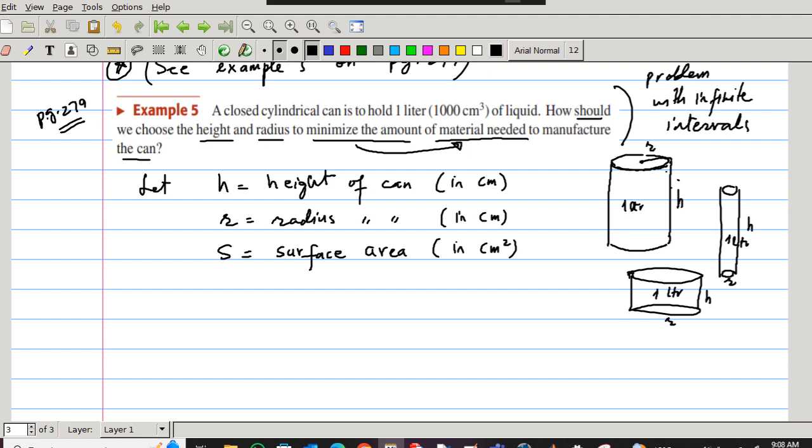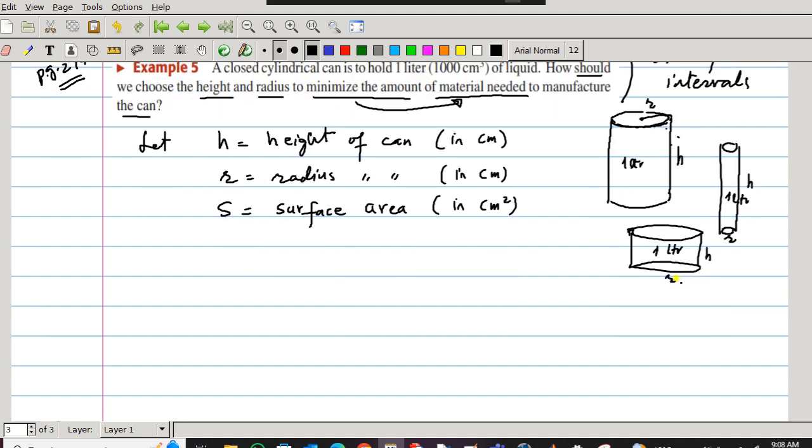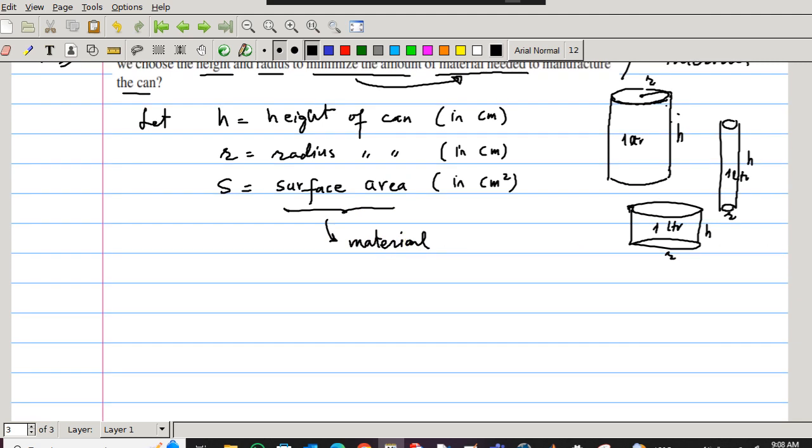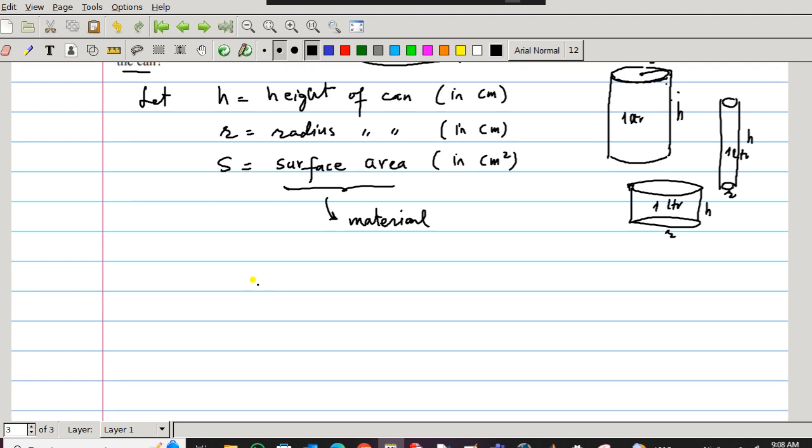So now, because this surface area gives you the material needed to manufacture the can, the second step is, he said, write the surface area in terms of height and radius.